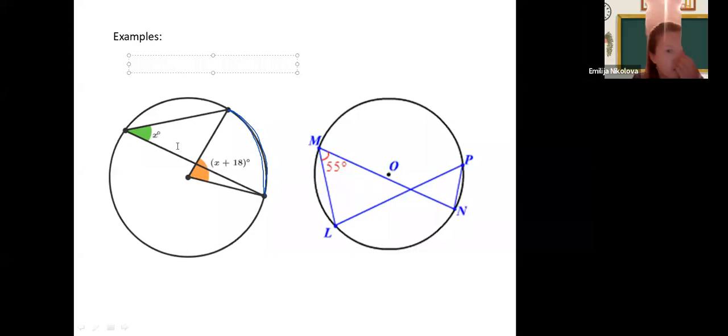Okay, so if this one is x, this will be 2x. Is this clear for everyone? I guess yes. So we need to find how much the angles will be. Does anyone have an idea how to find out?